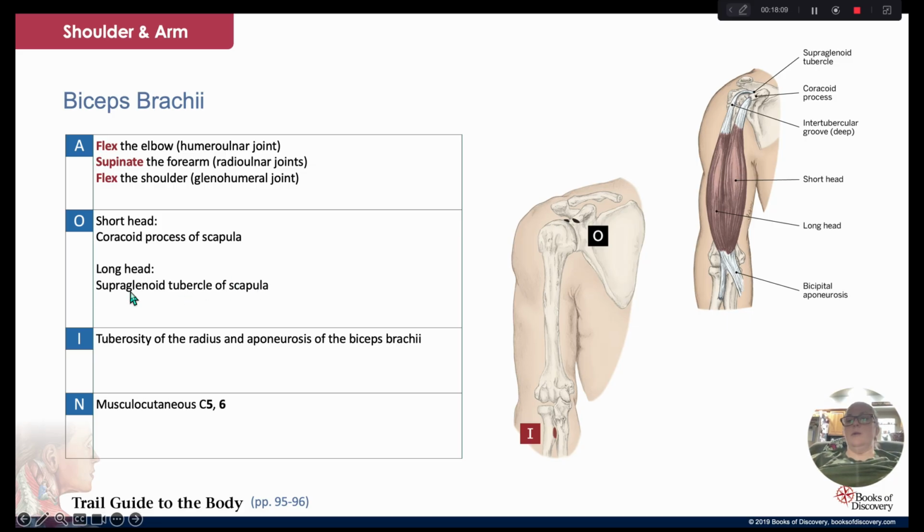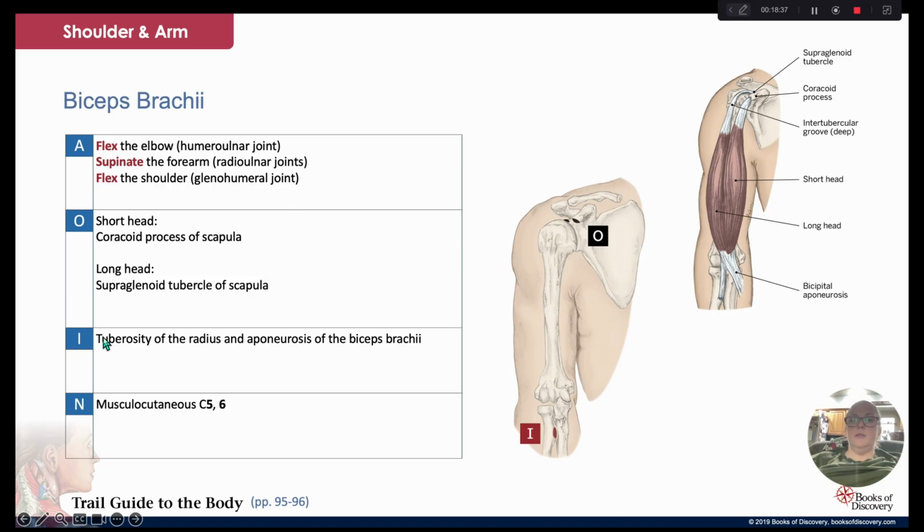So break down that word if you don't know what it means. Supra means above. Glenoid cavity. So here's your socket and your ball, right? Supra, above, it's going to be on the upper part of that socket, right? So long head will be originating on the supraglenoid tubercle, okay?